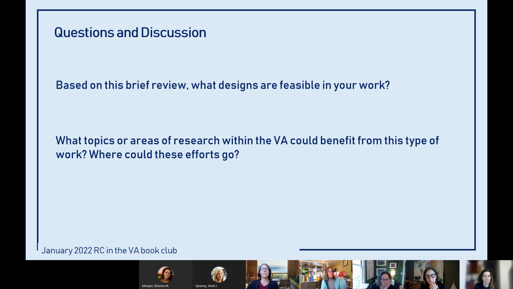Well, here are two general questions, given what we've been talking about, but maybe we've answered a little bit of it. I wanted to start with the second one: topics or areas of research within the VA that could benefit from this type of work, and where these efforts could go.